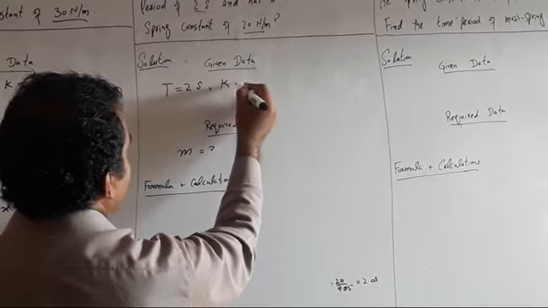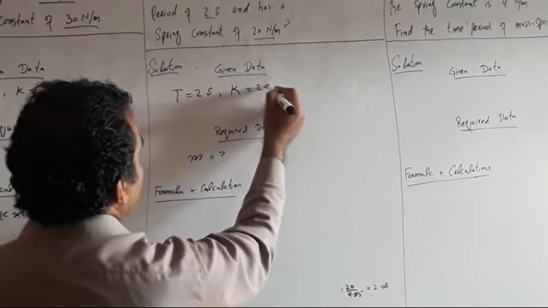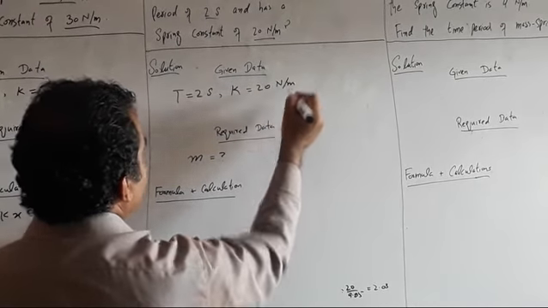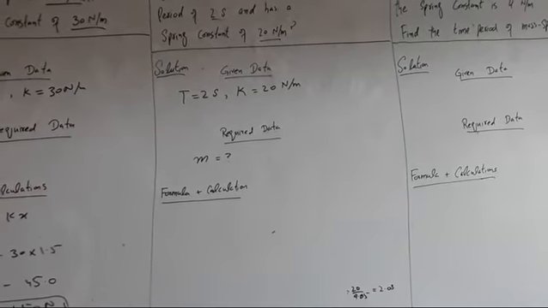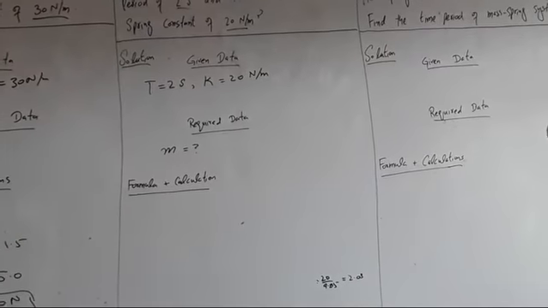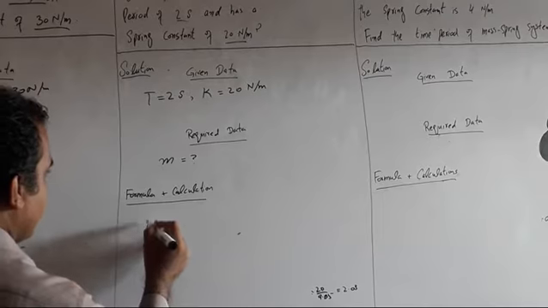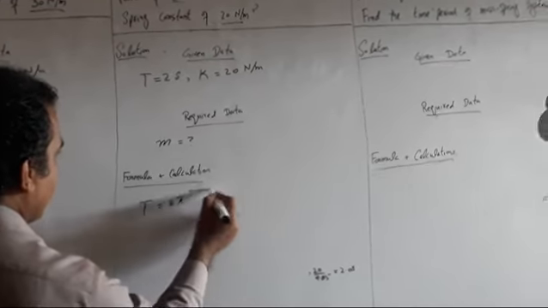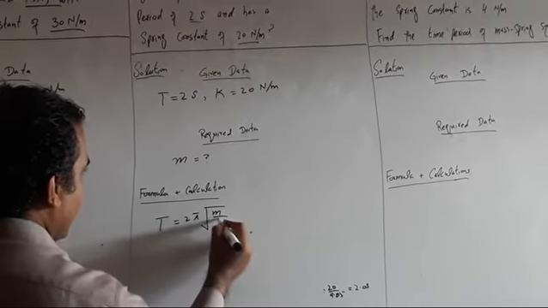Spring constant is denoted by K. So here we will use the formula of time period for mass spring system, which is written as T is equal to 2 pi square root m divided by K.